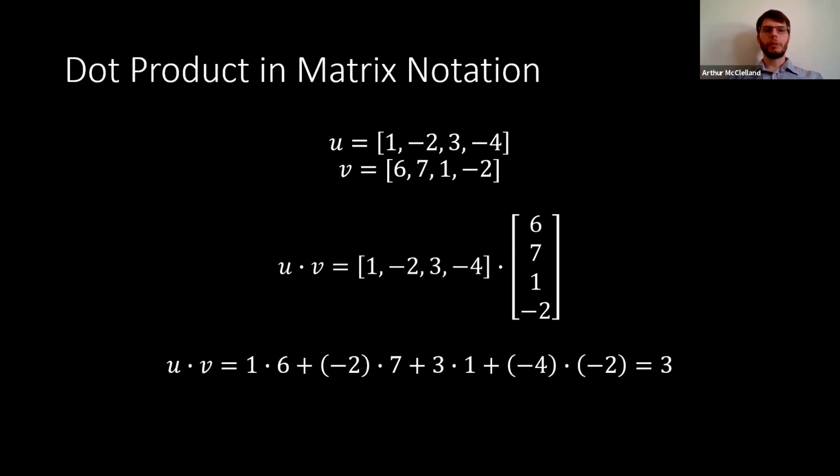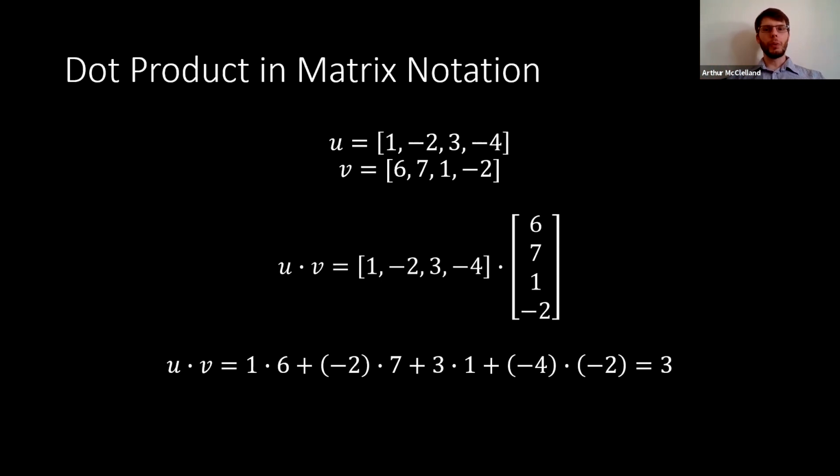So u and v in this case are not orthogonal. They're not linearly independent because the dot product came out as a real value and not as 0. If u and v were orthogonal, if they were linearly independent, then this dot product would be 0. So now we can extrapolate to higher dimensionalities and don't have to try to think of what the cosine theta between these 4-dimensional vectors is.